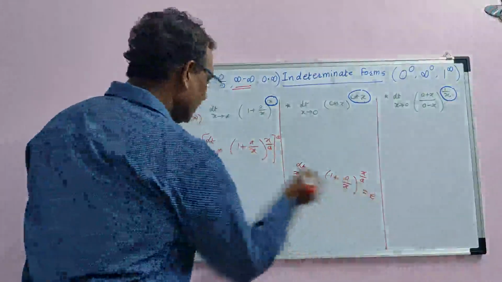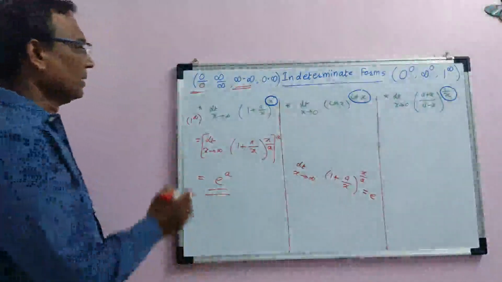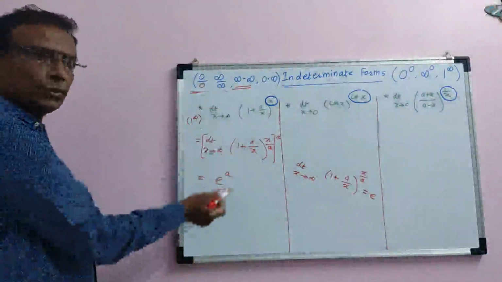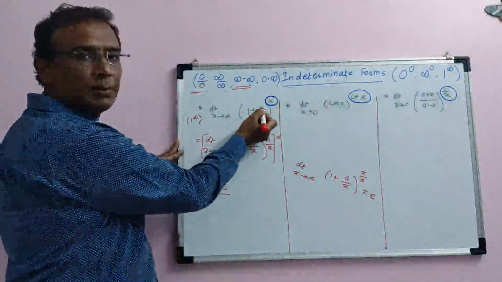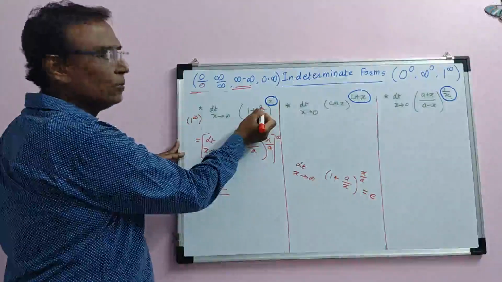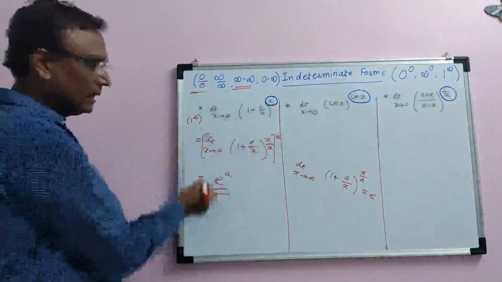The value of this is e to the power a. See, e to the power a. This a may be replaced by 1, 2, 4, 5, 6, 7, whatever. Directly I use this sort of method.